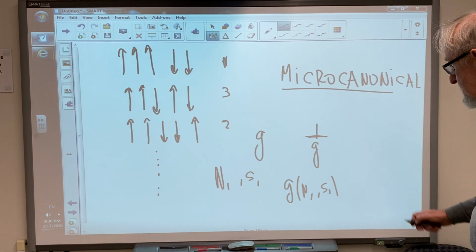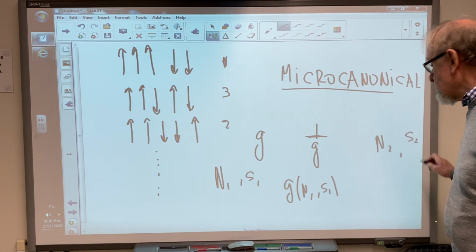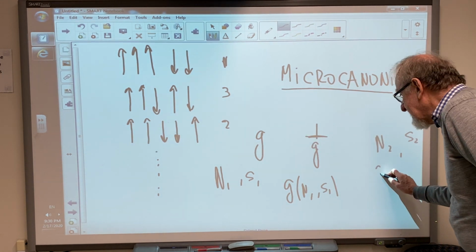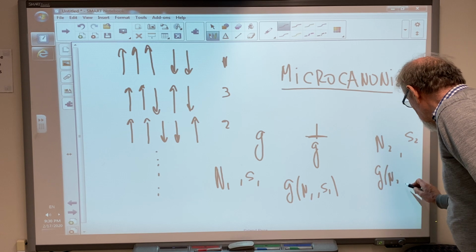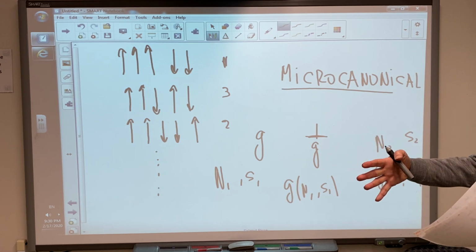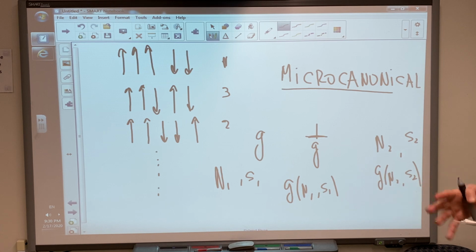I have another system that has N2 states and has energy S2. And they are both isolated, so this has G of N2 S2. Okay? So the question is, let's say I bring them together and I put them in such a way that what the systems can do is exchange energy.